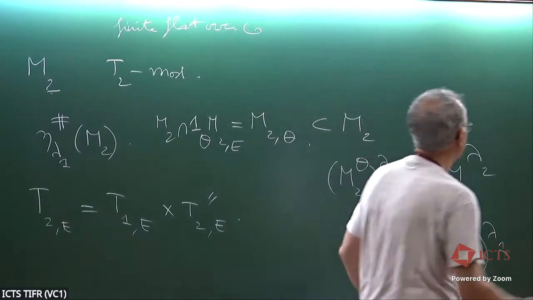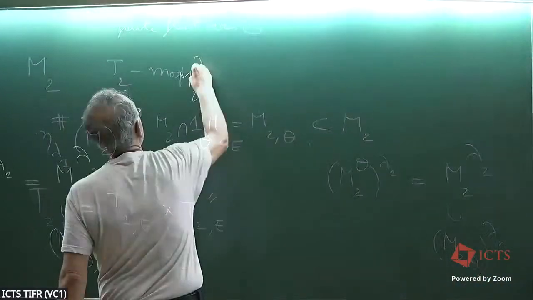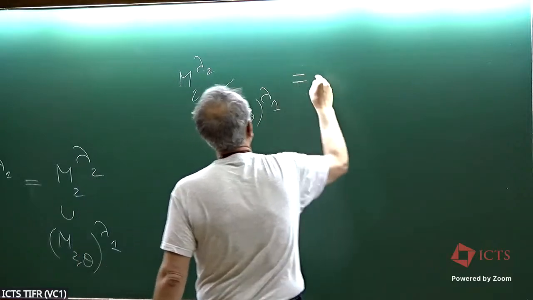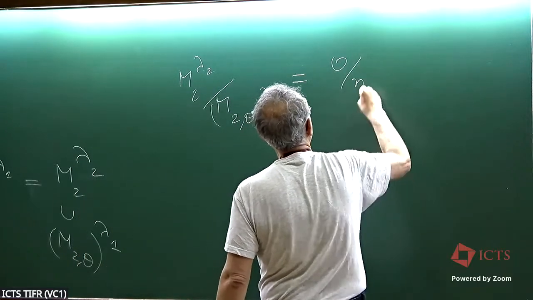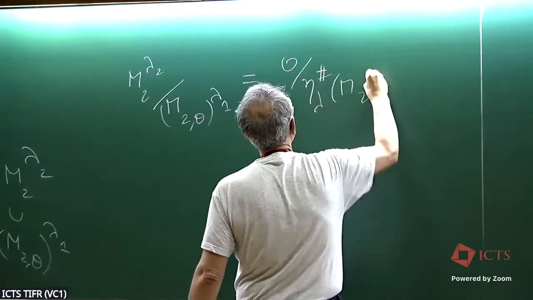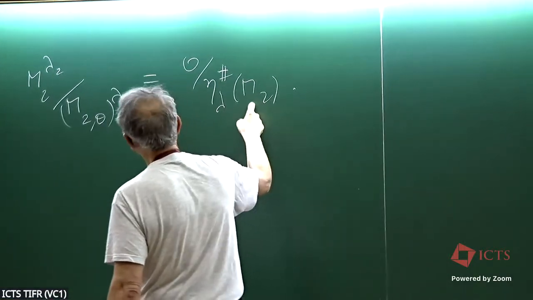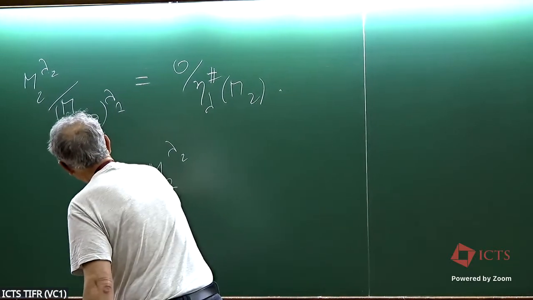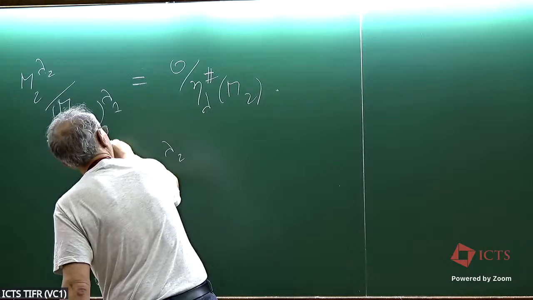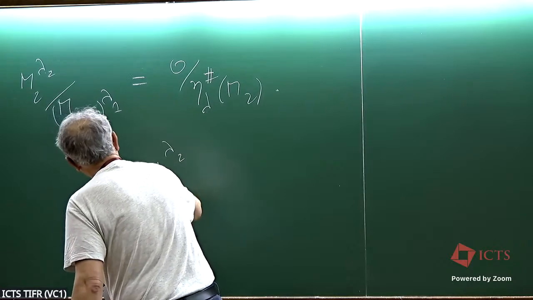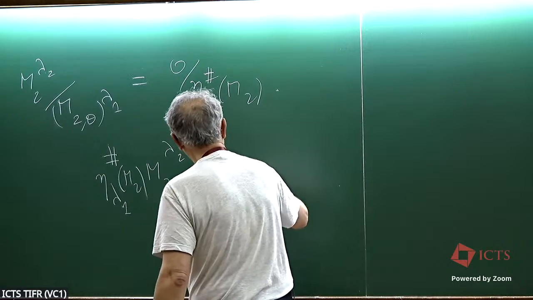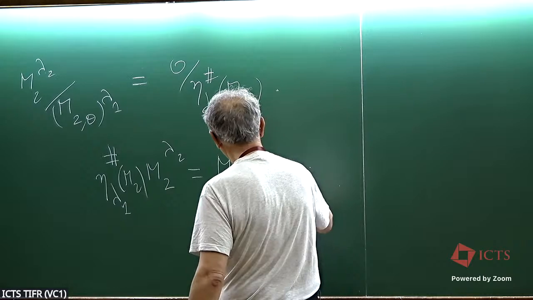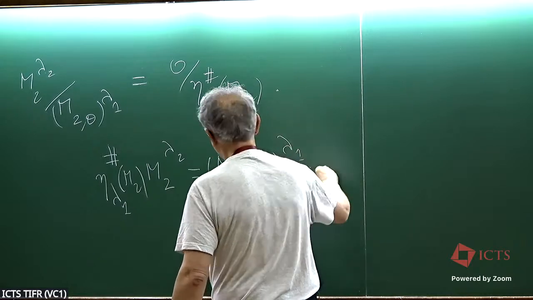And the quotient is O over eta lambda 1 sharp of M2. In other words, this is the number such that if you multiply M2 lambda 2 by this number, eta lambda 1 sharp of M2, you get this thing, M2 theta lambda 1.